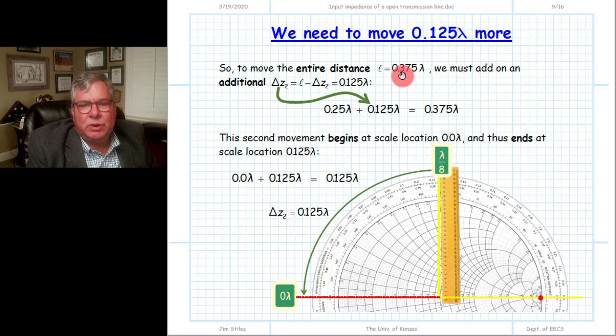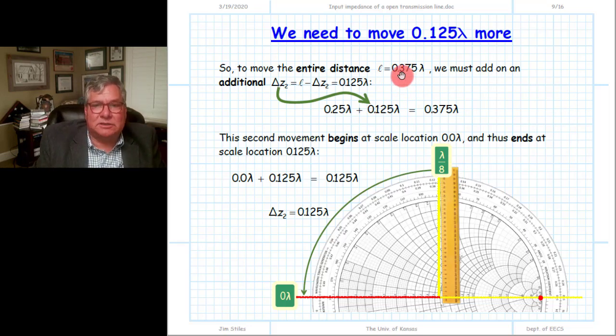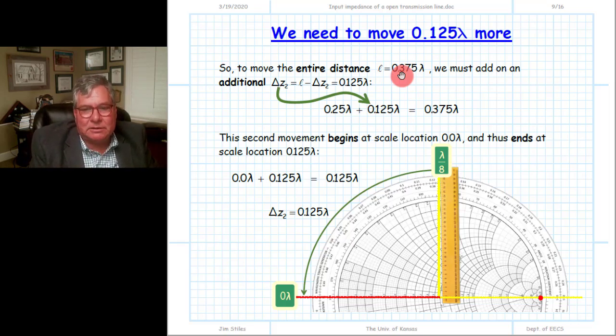So we need to move a total distance of 0.375 lambda. As we rotate halfway around the Smith chart, we of course move a quarter wavelength. As we move a quarter wavelength, remember the value of the reflection coefficient will be multiplied by a -1, rotating to the opposite side of the complex gamma plane, the Smith chart there. So no surprise there.